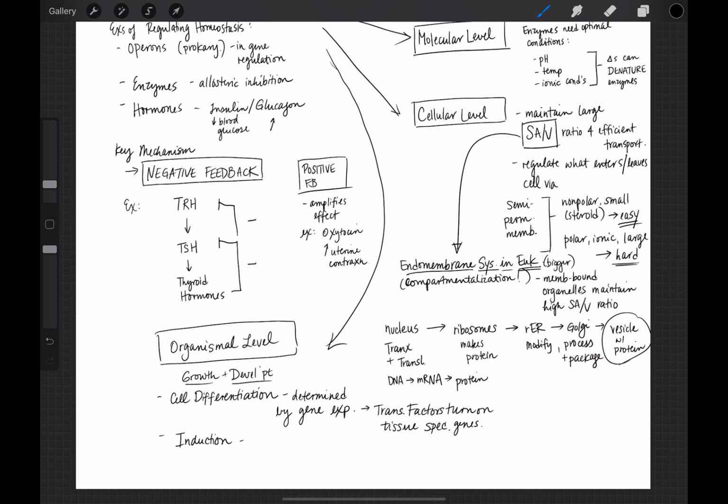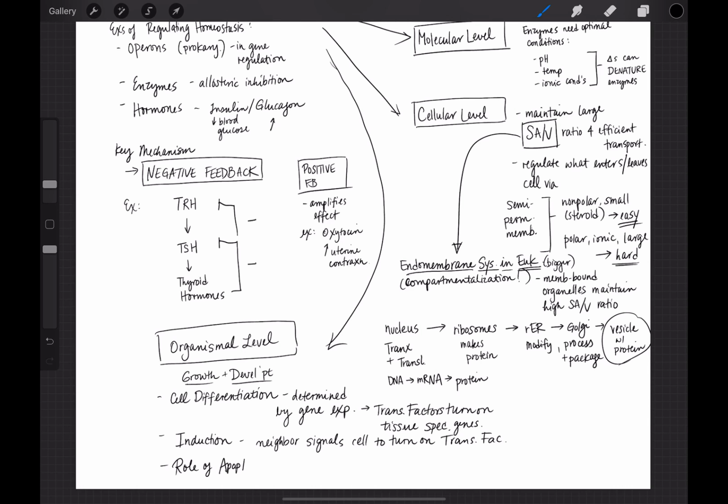We also looked at induction very early on during development. You have a ball of cells, and some of those cells start to produce signals. Remember, there are certain cytoplasmic determinants that turn on those signals, and those signals diffuse to neighbors and influence the activation of specific transcription factors in those cells.